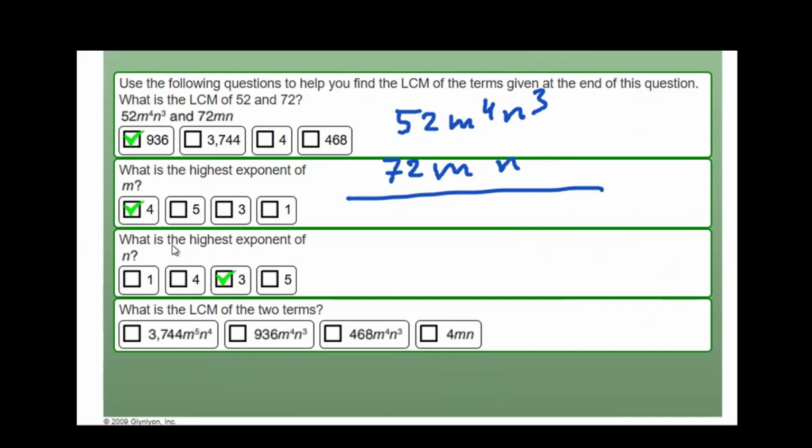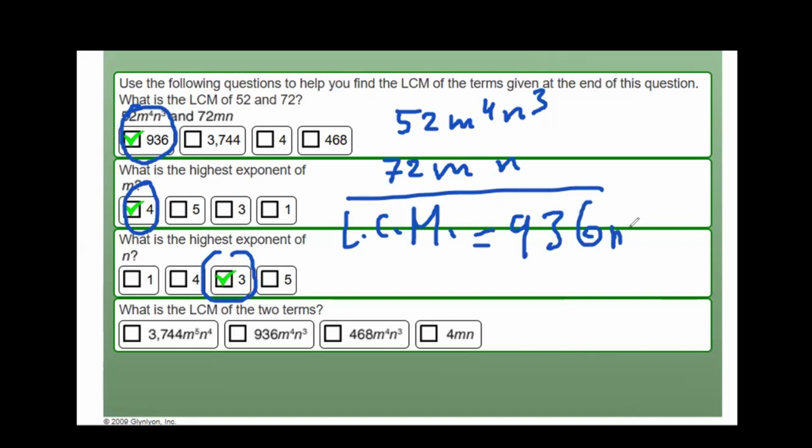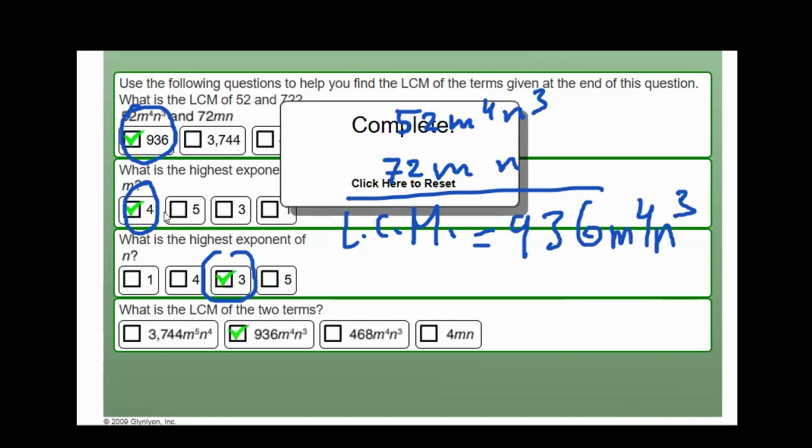So the least common multiple of the two terms is this number, this power for m and this power for n, which is 936 m to the power 4 and n to the power 3. That's it, which is number 2. Right here. Easy.